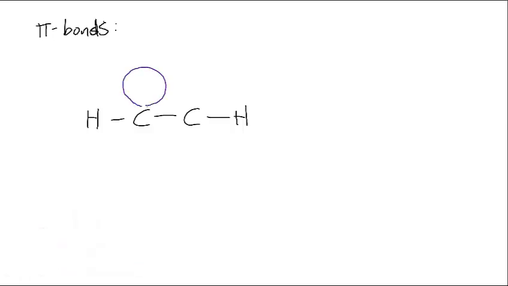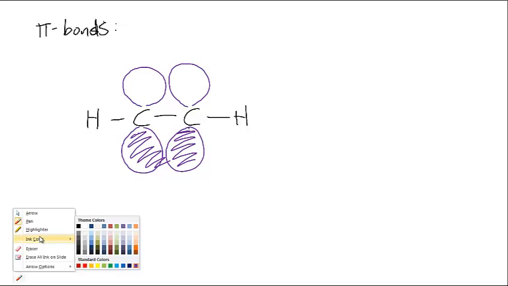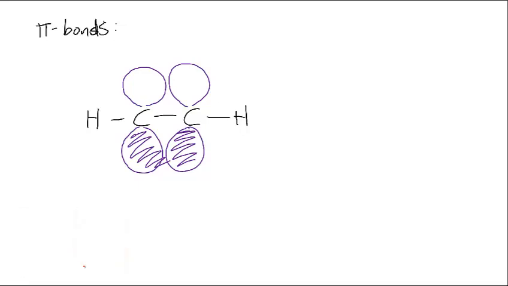So I'm drawing one pi bond in purple, and I'll draw the other pi bond in red, but here my 2 orbitals are going into and out of the page, and it's hard to draw them. So I'll say there's my red pi bond that goes into and out of the page. And my purple pi bond that's going up and down.